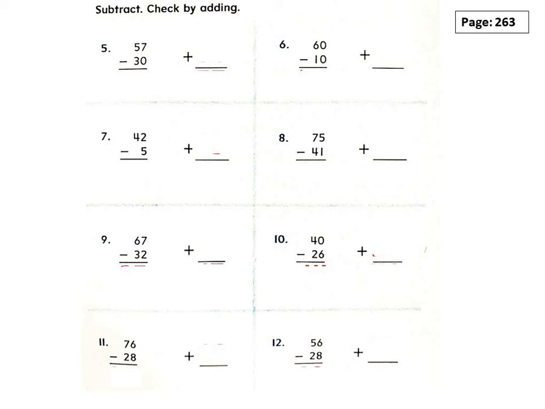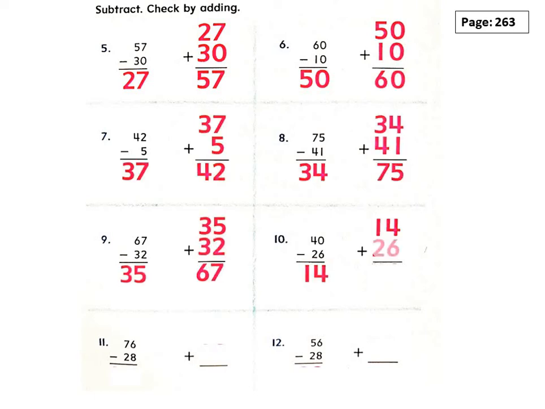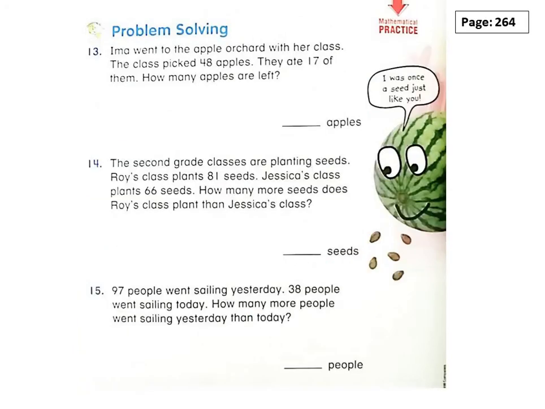And then when you finish, you can check your answers here. This is for question number 5, 6, 7, 8, 9, 10, 11, and 12. It's very important to check all your answers, grade 2. Now, let's see the next page, page number 264. We have 3 problems here.